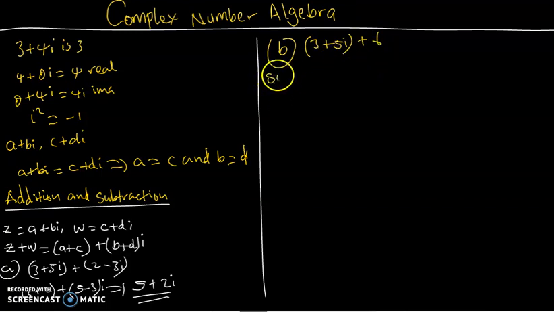The solution to this will simply be the same way we did the first one. We have 3 plus 6, and of course we have 5i, so it is plus 5i.